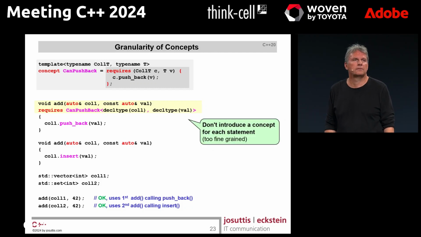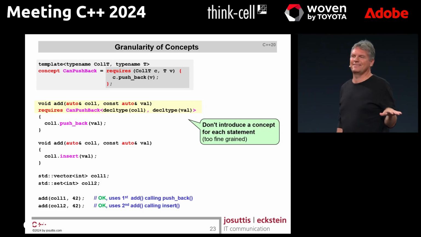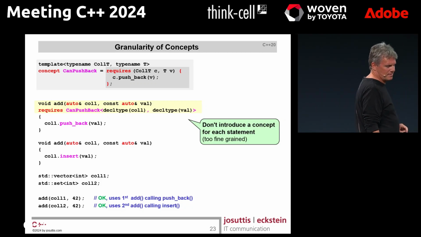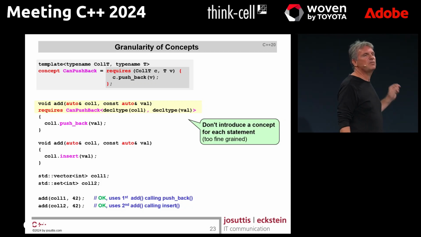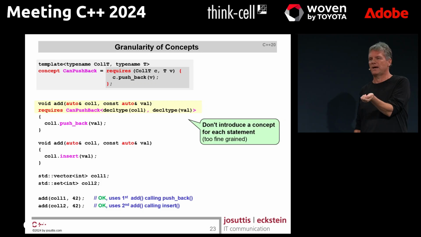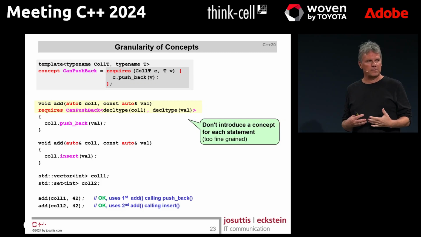Don't do that. Well, all I taught you so far, don't do that. This was to explain to you concepts, the basics of concepts. But don't do that. Don't introduce a concept for each and everything you want to do with an object. Because your function templates will not call only pushback.